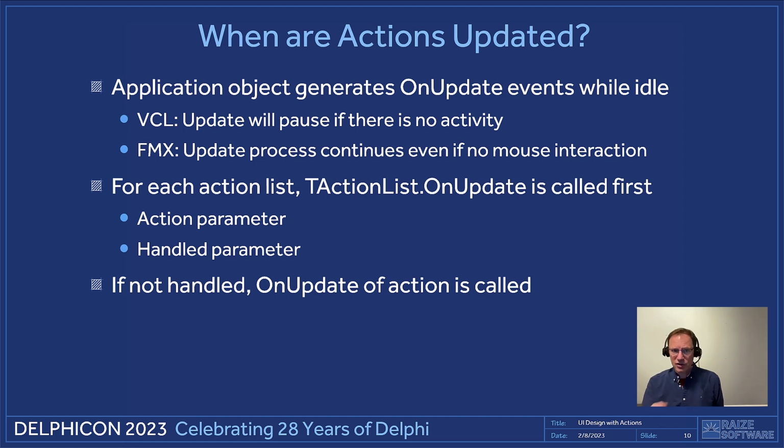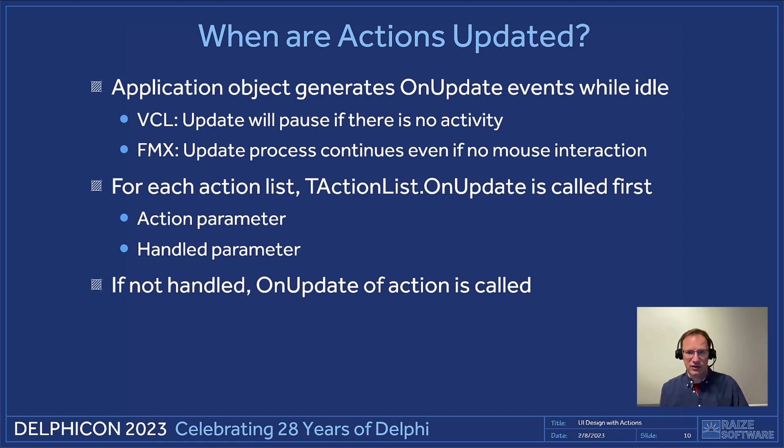The interesting thing is that for each action list that you have, and that's important because you actually can have multiple action lists, the action list's onUpdate event is called first, and it takes an action parameter and the handled parameter.